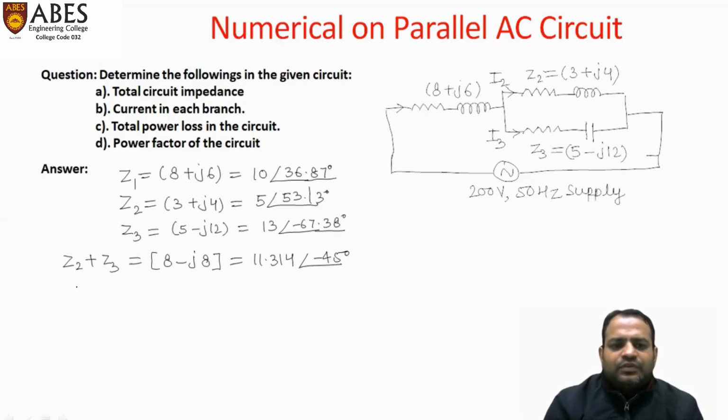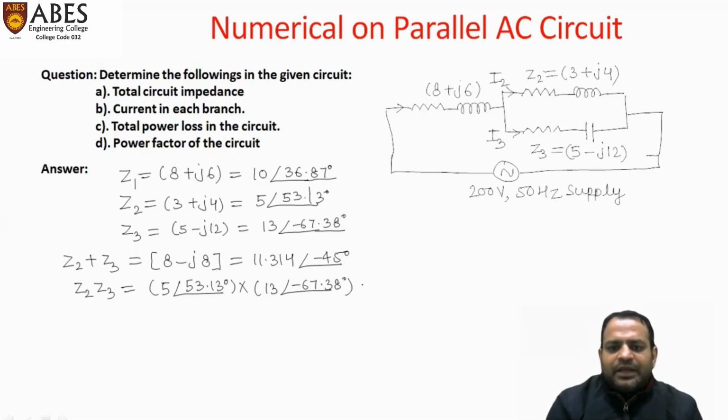We also need Z2 Z3. So we are multiplying Z2 and Z3 in polar form. 5 angle 53.13 degree, 13 angle minus 67.38 degree.